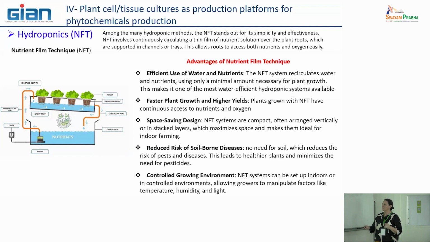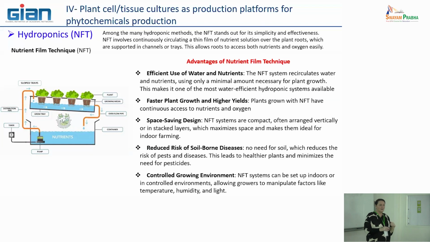The third one is what we call space-saving design, because this system is really compact, so you can produce a large amount of plants in a small surface. It is not necessary that all of these systems are in a horizontal way, but you can have different systems in a vertical way.